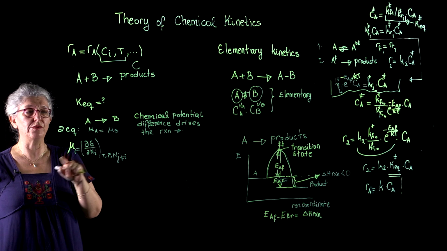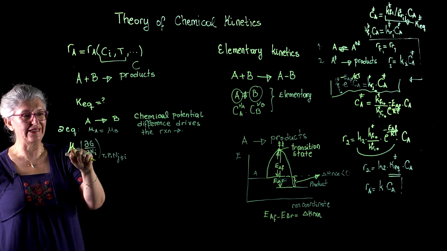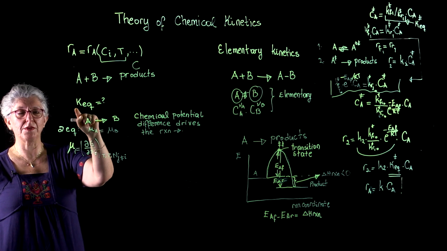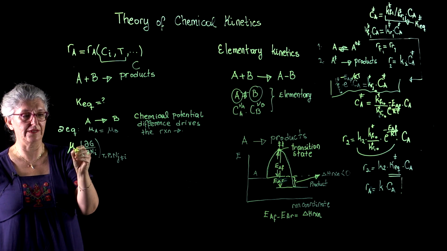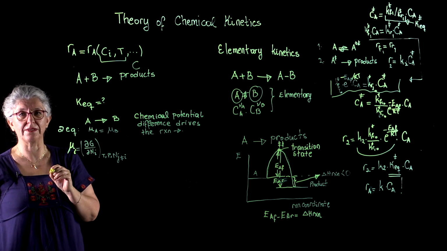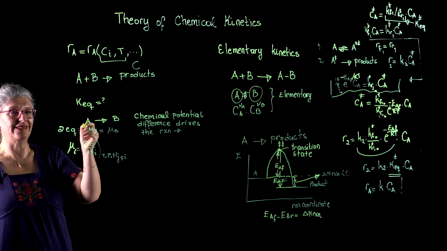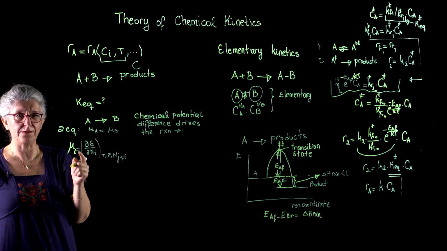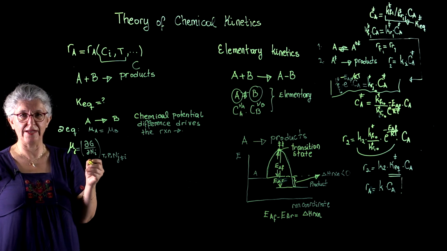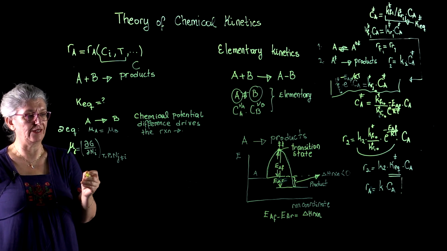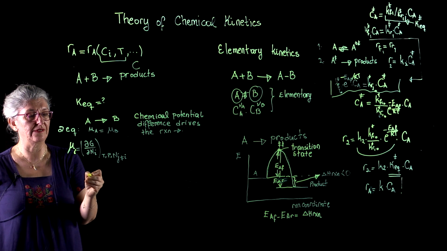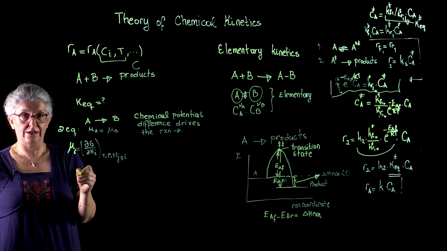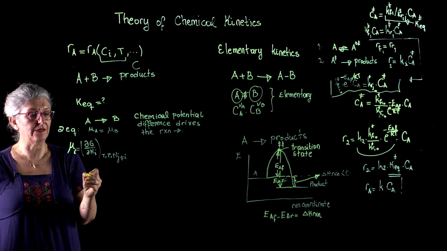I'm not going to go into the details of deriving the equilibrium constant from the definitions of the chemical potential, but I will write a familiar relationship that we very frequently use to estimate the equilibrium state of a chemical reaction.